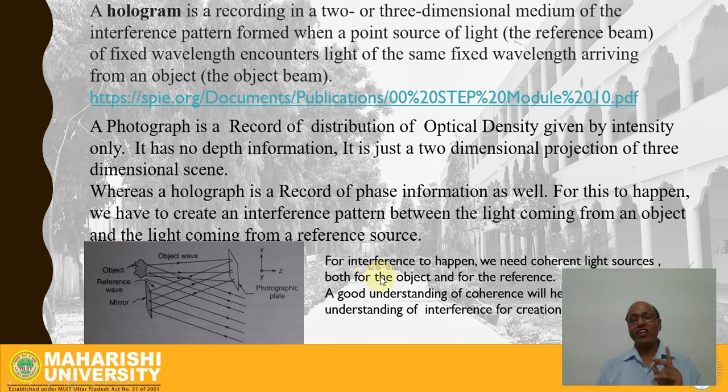So for interference to happen, we need coherent light sources, both for the object and for the reference source, especially for the object. Now, a good appreciation of coherence will help better understanding of interference for creation of holographs.